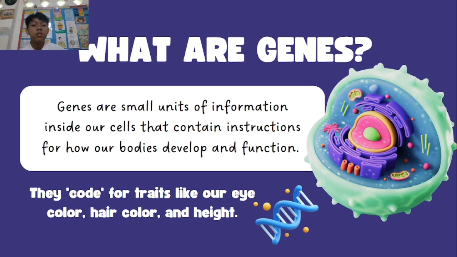These are information in cells. They contain instructions on how our bodies develop and function. They code for traits like eye color, hair color, age.